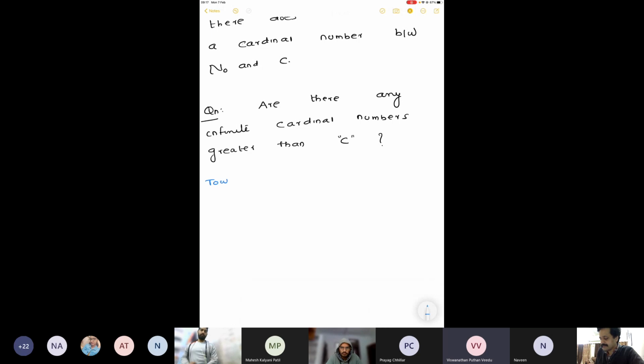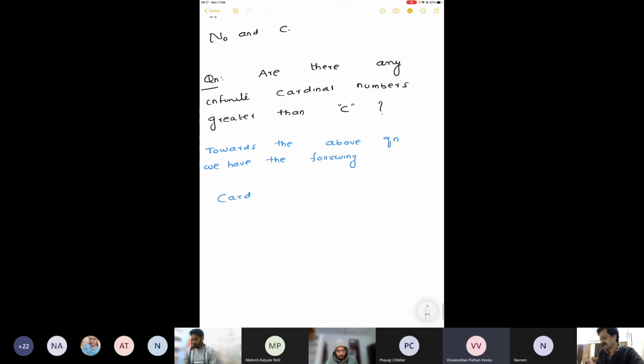Towards the above question, we have the following. Cardinal number of X is strictly less than cardinal number of its power set.